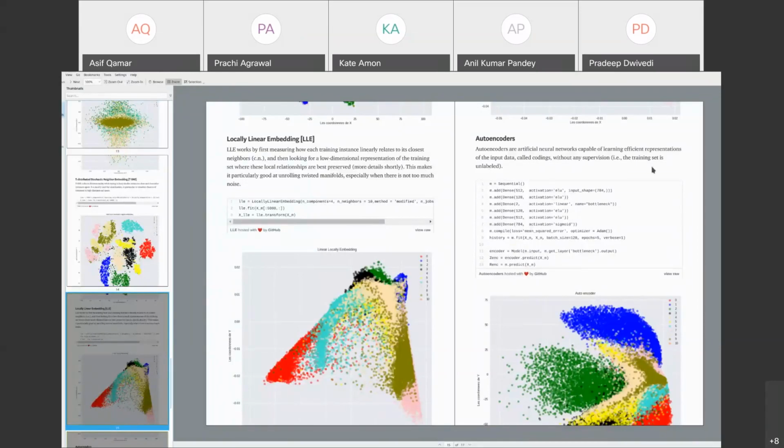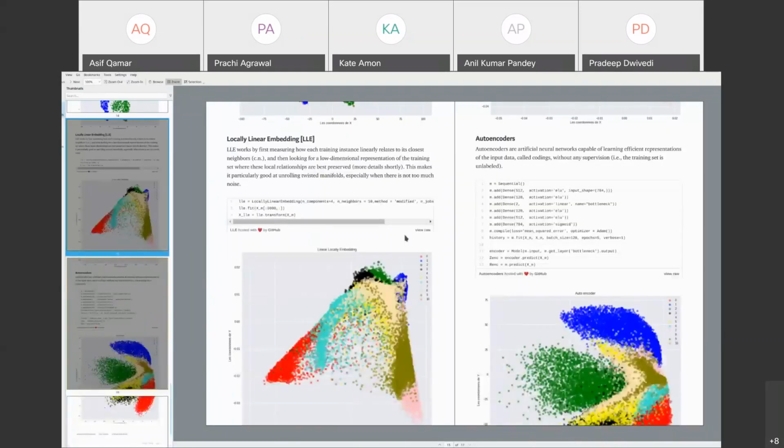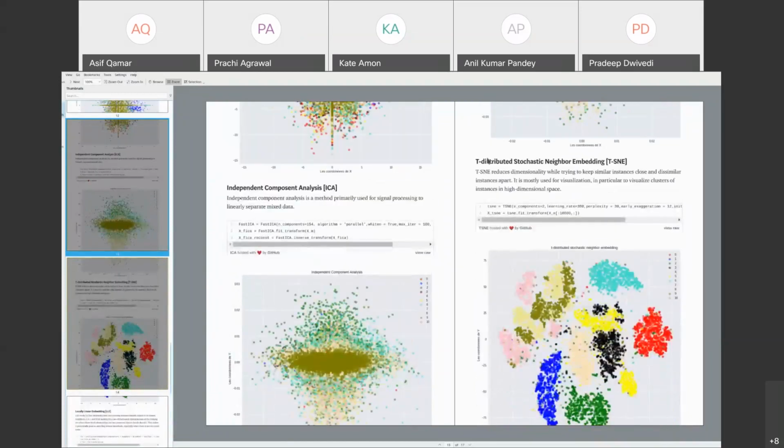Autoencoders again have to do with deep neural networks. Is it good? Yeah, it seems to be getting there. Some of it got very well, others it didn't do such a good job of. Now there is one more new kid on the block. It is called UMAP, which usually outperforms t-SNE.